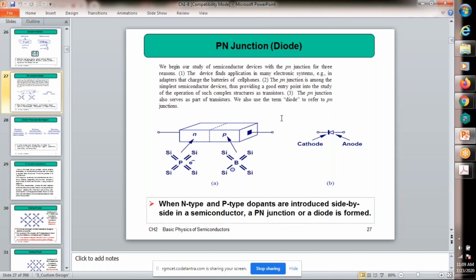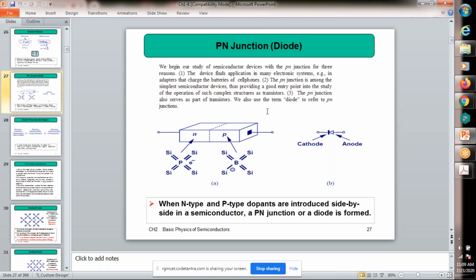It is mainly used in adapters that charge batteries of cell phones or laptops, etc. Or as a rectifier, where we have to convert an alternating signal into direct current or direct signal. So many applications are there.